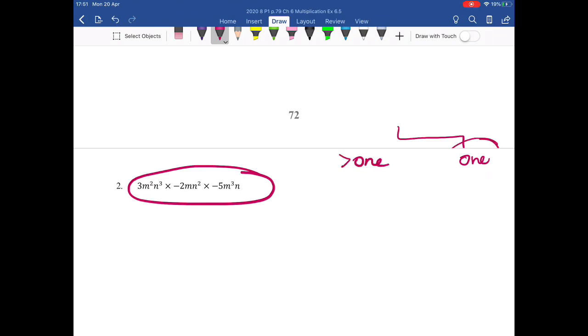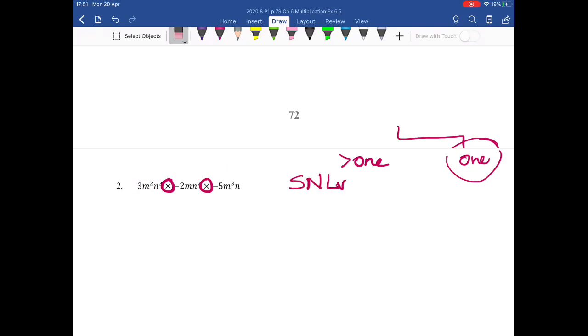So this is to do with multiplication and or division. Right, so my operation is multiplication. So then I must remember to do signs, numbers, letters, or variables. Right, so now the only thing I'm going to look at, so here no sign is a positive, a negative, a negative.